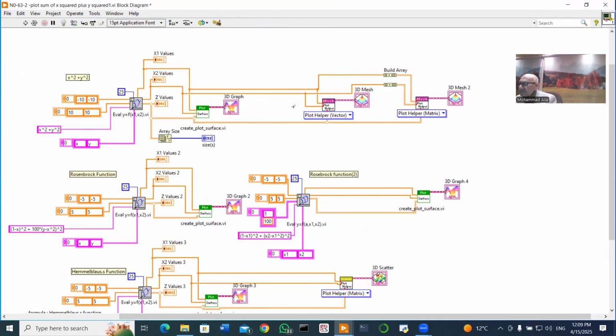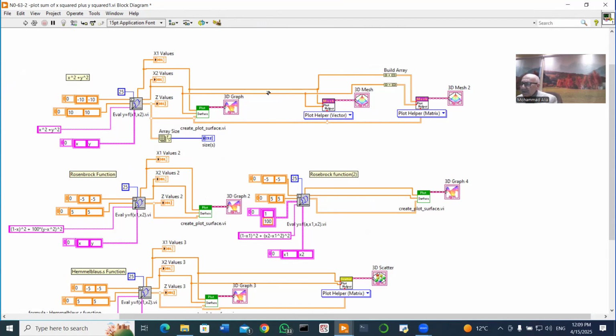Also, I have tried to show you how we can plot a three-dimensional mesh. Exactly the same.